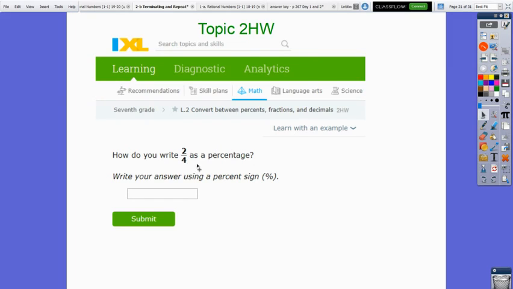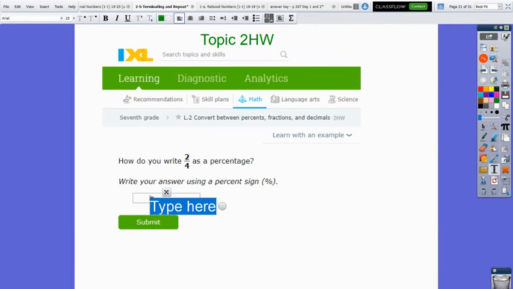So the first one here is how do you write 2/4 as a percentage? Now you should recognize that 2/4, 2 out of 4, is the same as 1/2. And 1/2 as a percent is one you're supposed to know, 50%.